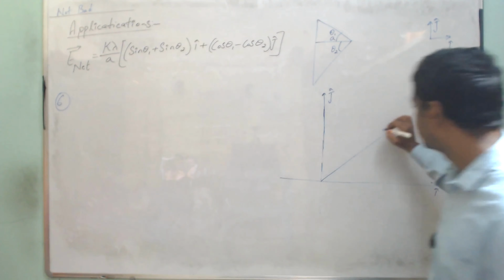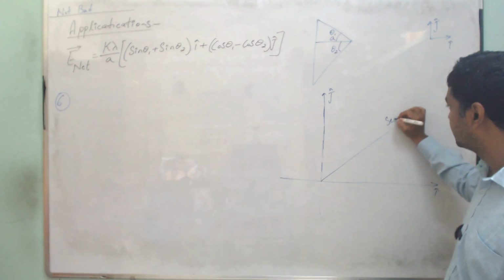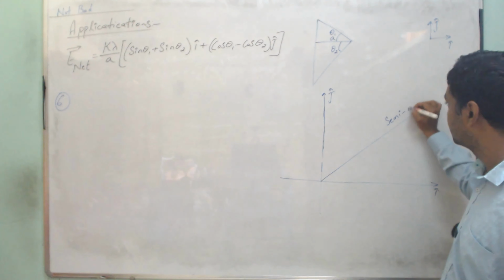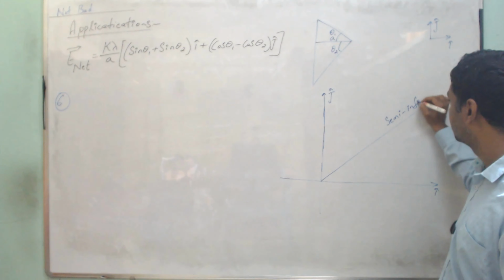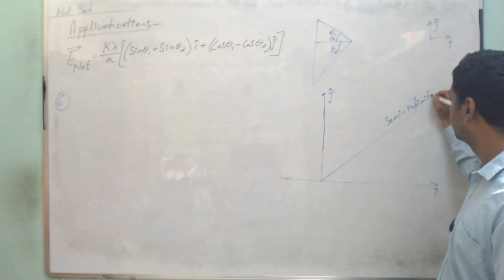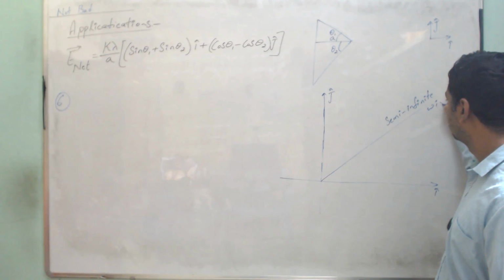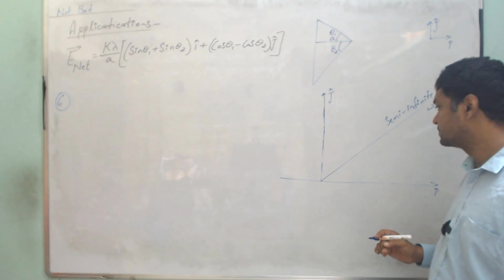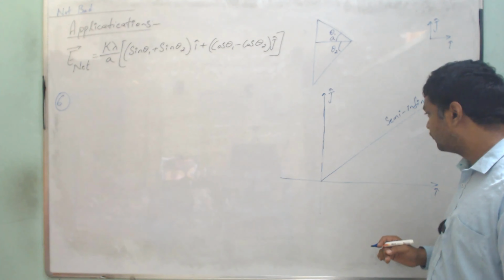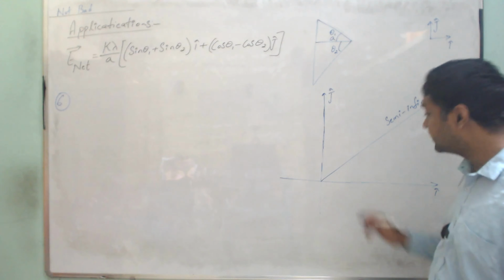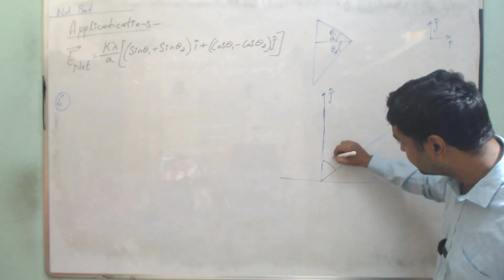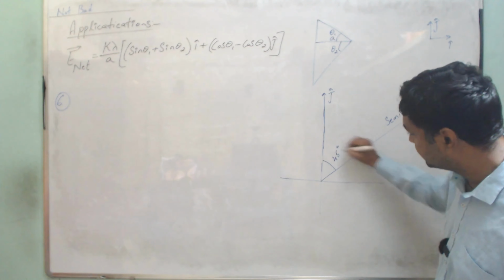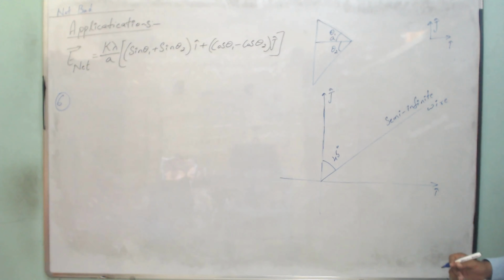So this is the semi-infinite wire. We need to find, and this makes an angle 45 degree with, let's say, the y-axis.